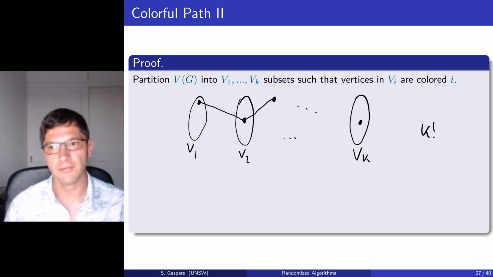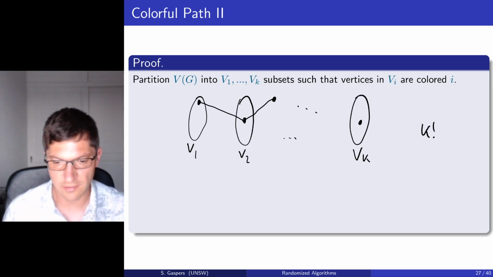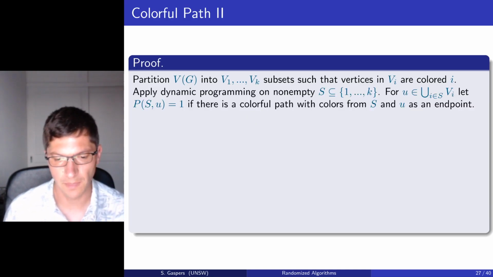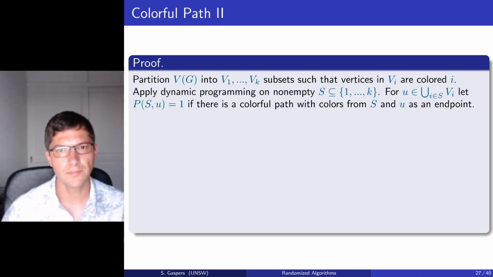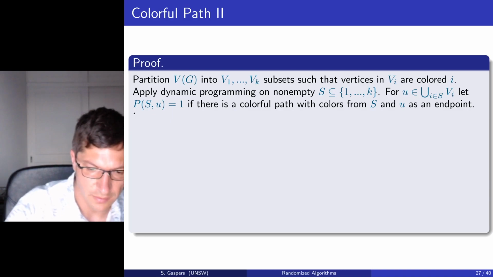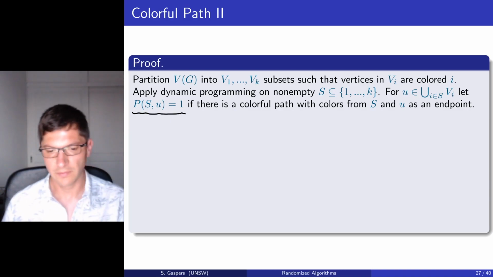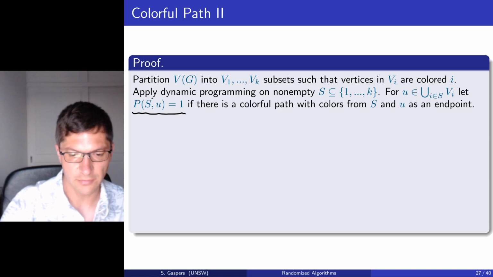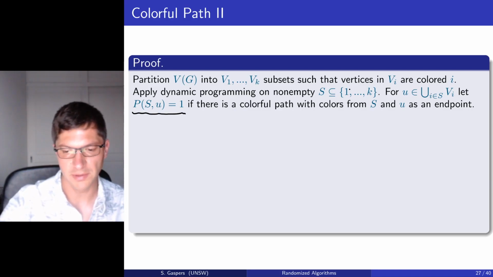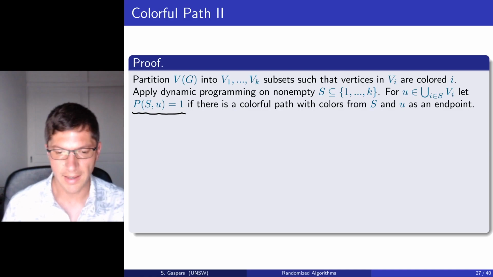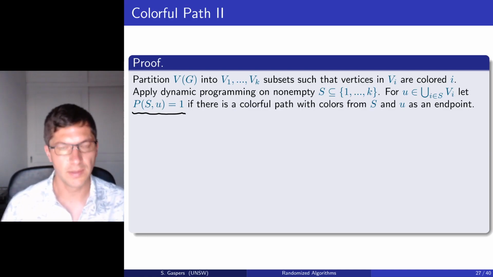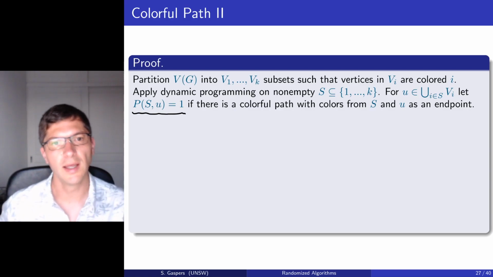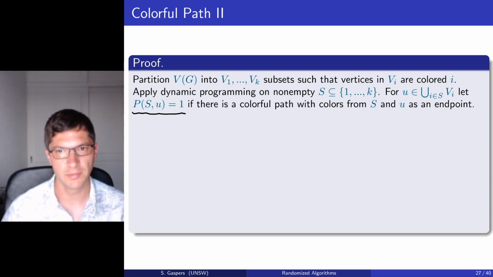But there exists a faster algorithm, and this is by dynamic programming. So this is the value that we will compute. It contains a set of colors S, a subset of 1 to k, and a vertex U. This value P(S, U) is 1 if there is a colorful path with colors from S and U as an endpoint.